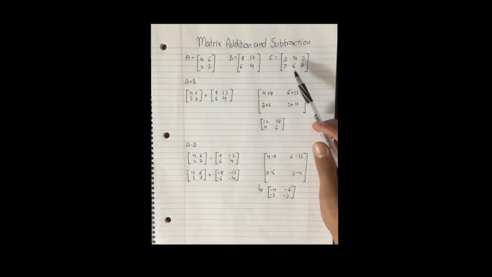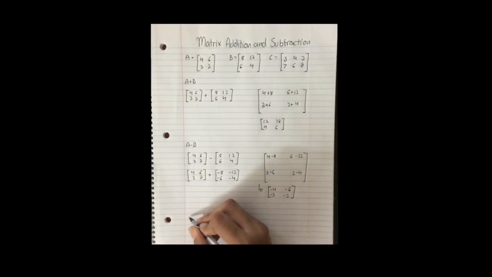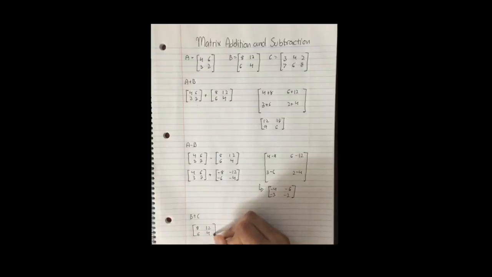But you see I have another matrix here, and it's just to show you something. If I were to add or subtract matrix B and C, B plus C, I would do the same thing here. 8, 12, 6, and 4, plus 3, 4, 2, 7, 6, 8.